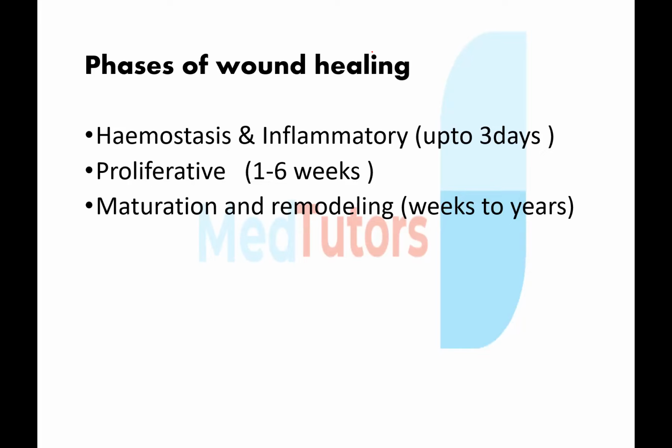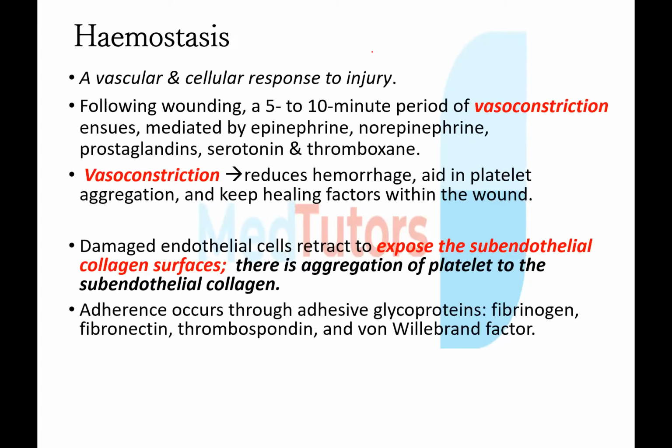And the maturation phase is the phase of strengthening, acquiring tensile strength. And it's all about collagen deposition, as well as alignment or laying of collagen along the pattern of stress of that region.